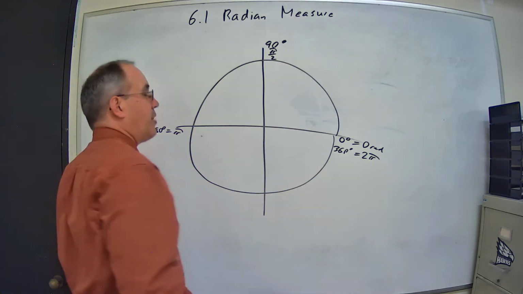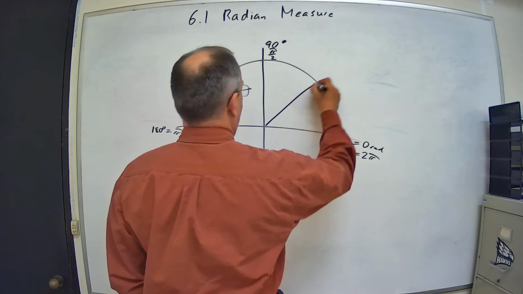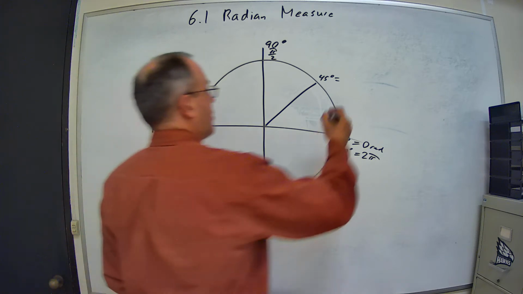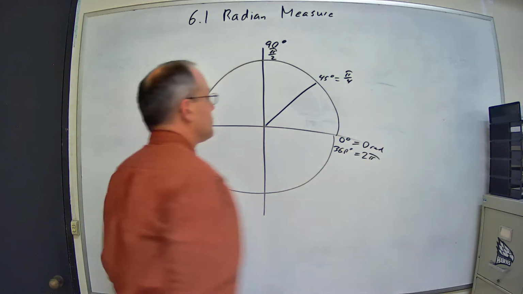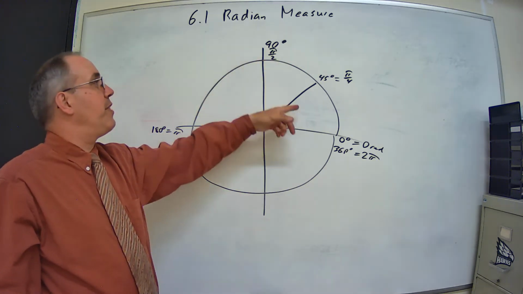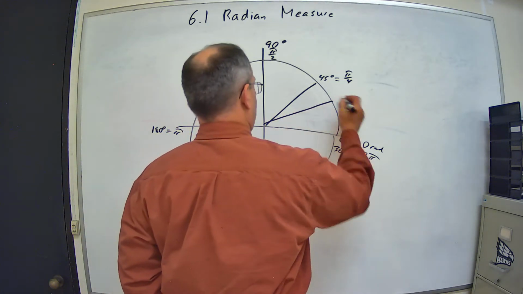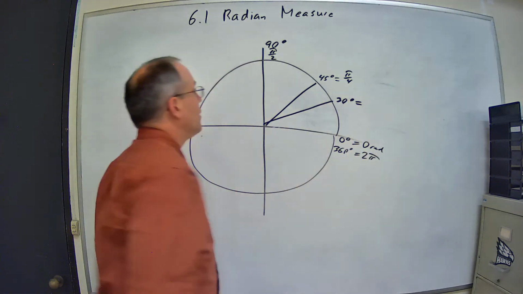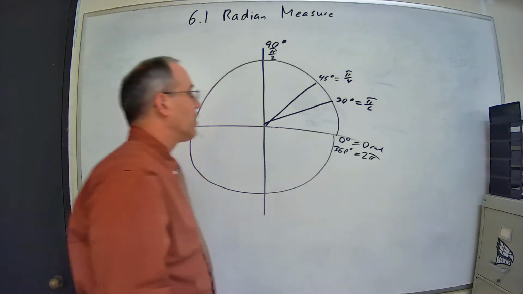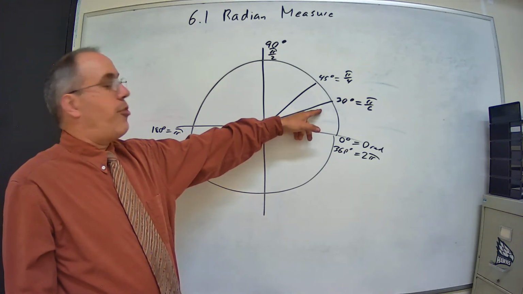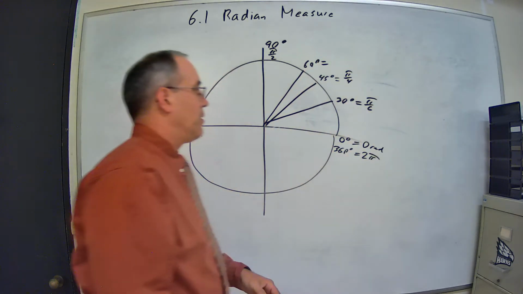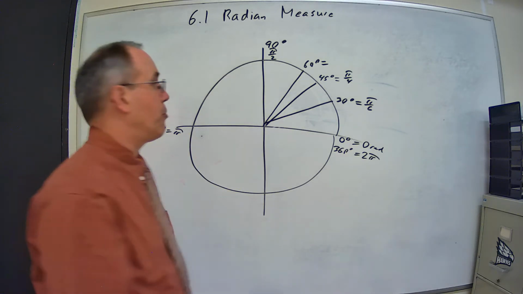If 90 degrees is pi over 2 radians, then 45 degrees is half of that, so pi over 4 radians. 1/3 of 90 degrees is 30 degrees, so 1/3 of pi over 2 is pi over 6. Double 30 is 60. Pi over 6 times 2 is 2 pi over 6, or pi over 3.